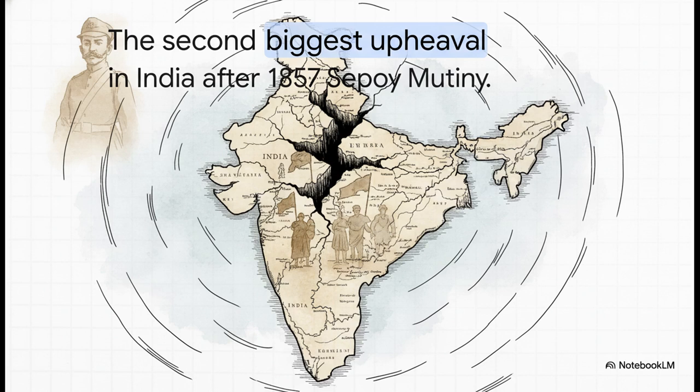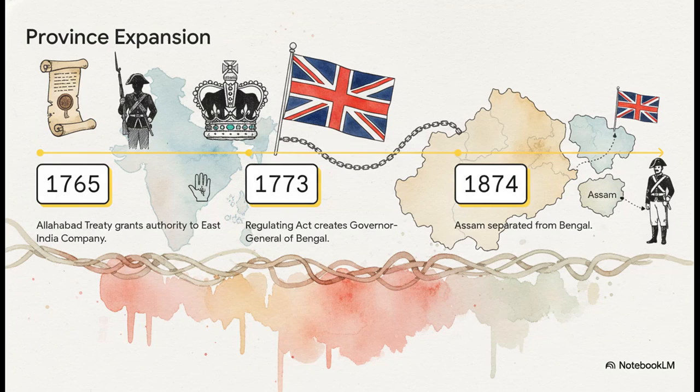But how did Bengal get so enormous that the British could even use its size as an excuse in the first place? Well, this division didn't just happen overnight. It was actually the result of a century of continuous expansion. Back in 1765, with the Allahabad Treaty, the British East India Company first won political authority over Bengal, Bihar, and Odisha, basically bundling them into one massive province.